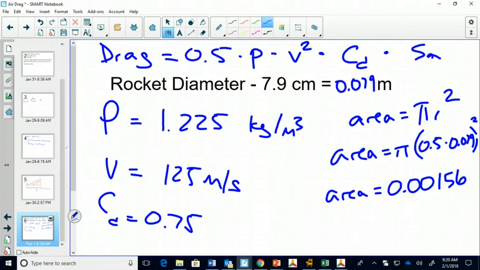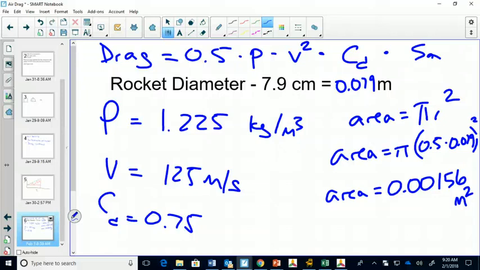Yes, no, maybe so? What are my units? Not just meters. Meters squared. Because area, right? Height times width, right? Okay.